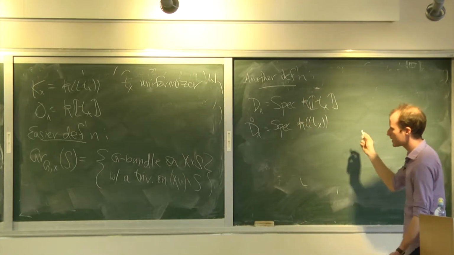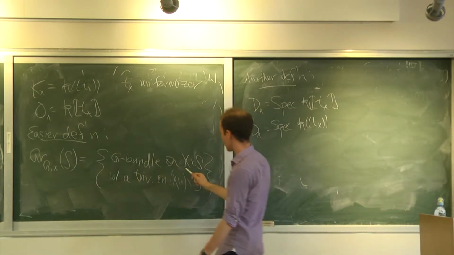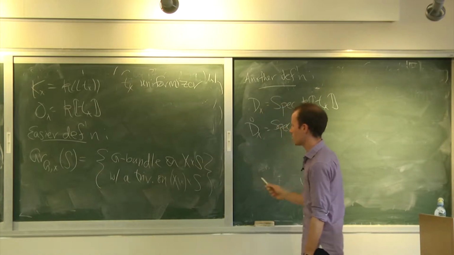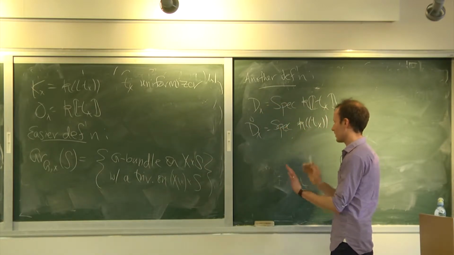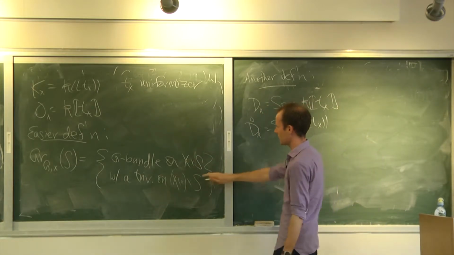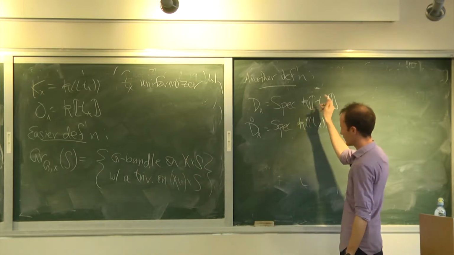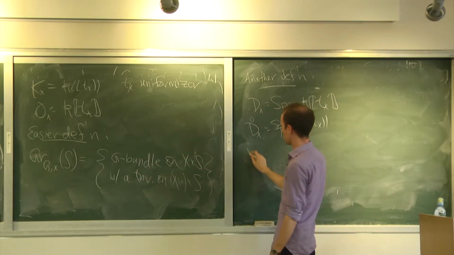Now I can try and say words like replacing x by the disk here, but that would give the wrong answer, because this product with k double brackets t_x would give the wrong answer.